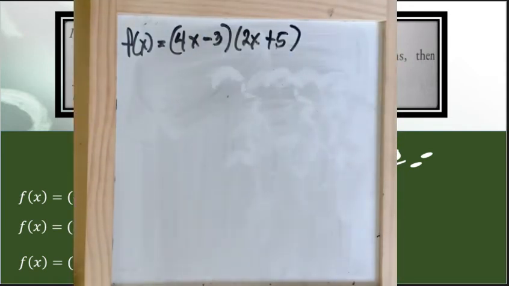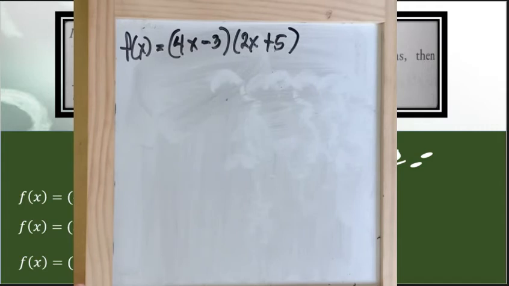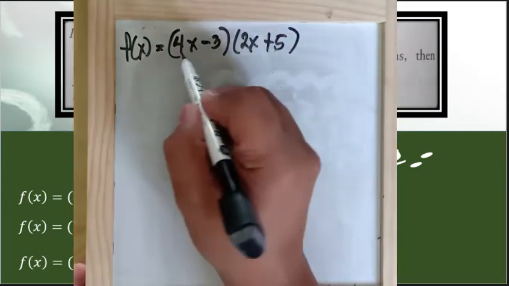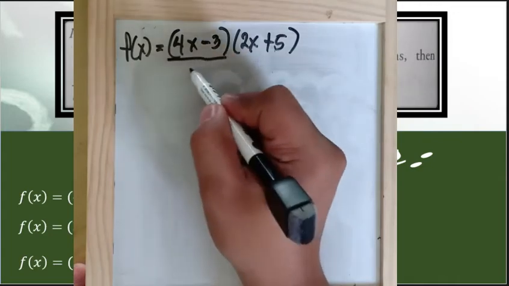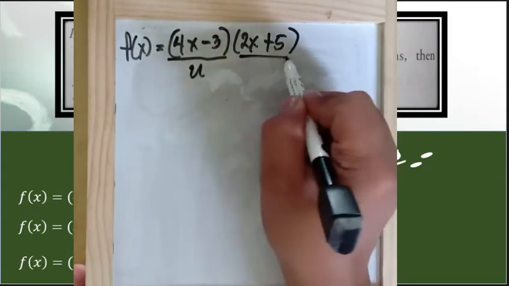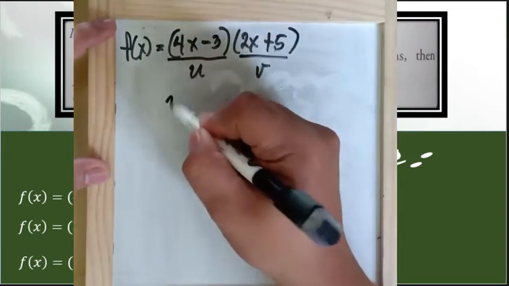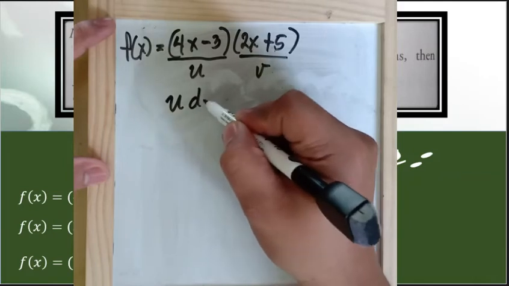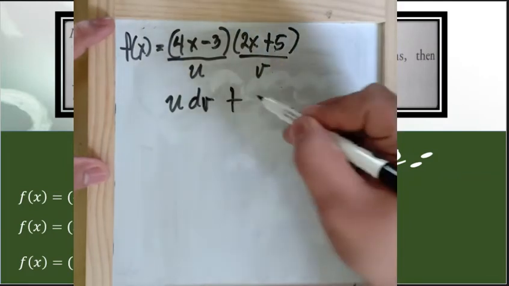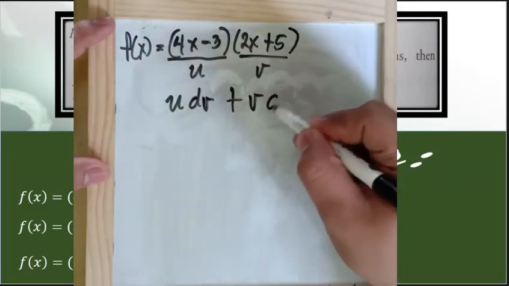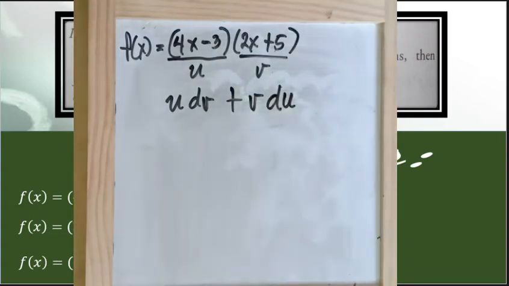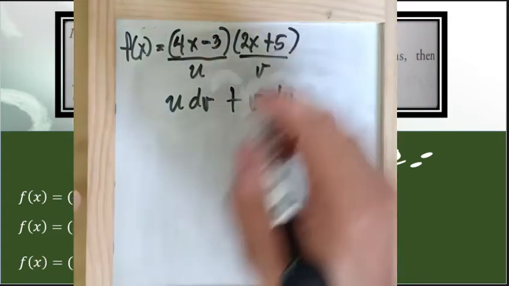It is important for us to identify where's the u function and where's the v function. Of course, the first function would always be your u, and your v function will always be the second function, 2x plus 5. And according to the rule, it's u, find the derivative of v, plus v, find the derivative of your u function. Just follow this one.